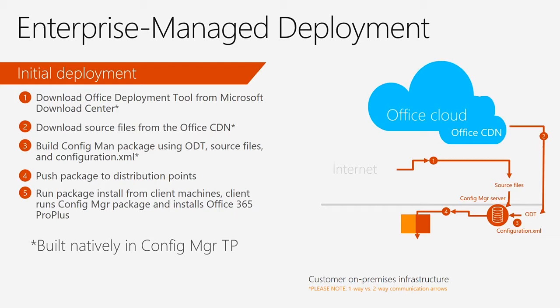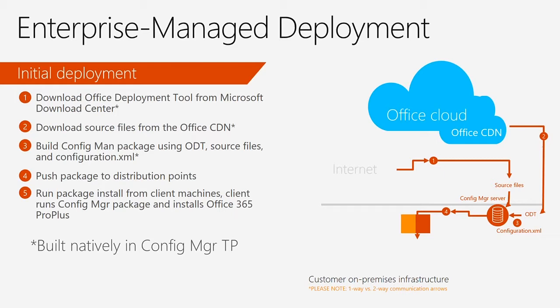So this is nothing really new from what you did with 2012 R2 or in the past. But the nice feature is this asterisk, coming soon, which is currently in technical preview, and was in ConfigMan 16.11 technical preview: an automated Office 365 client deployment wizard. As to when that's going to go public, it's still being tested and worked out, so I wouldn't expect to see it even in 17.02, which will be the February release. It's still being worked on, but you can play with it in technical preview.